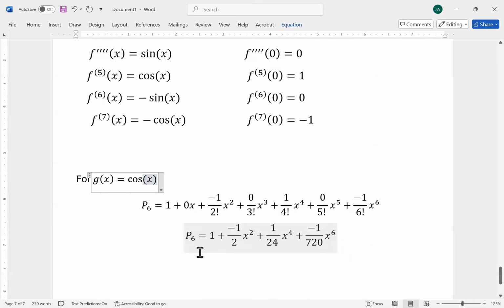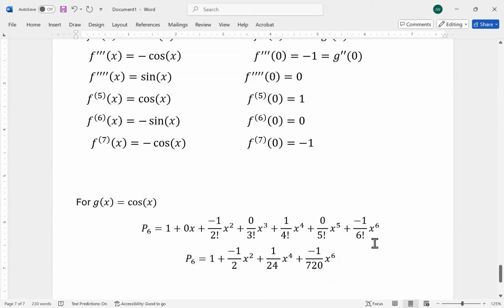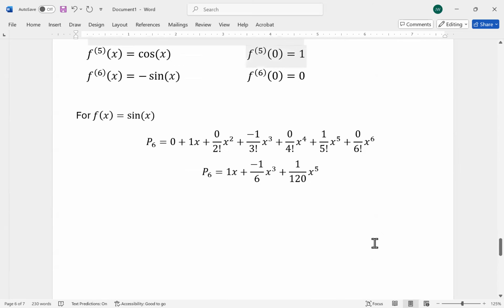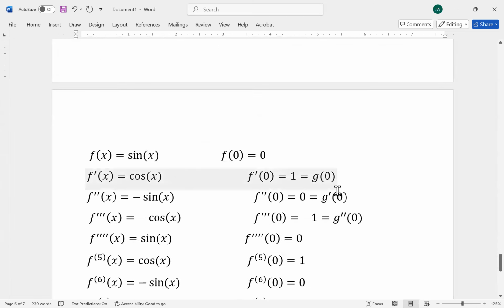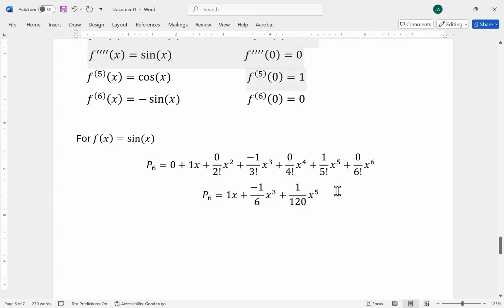So for cosine of x, we just picked up the even powers for my Taylor polynomial, centered at 0. For sine, I just picked up the odd powers. If you remember about sine and cosine, sine was an odd function. And so, interestingly enough, for odd functions, we're just picking up the odd powers on x when we center at 0.